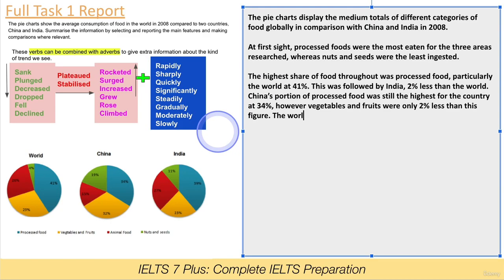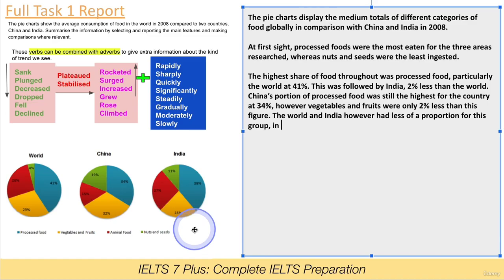Okay, the world and India, however, had less of a proportion for this group. Both percentages were in the 20s.